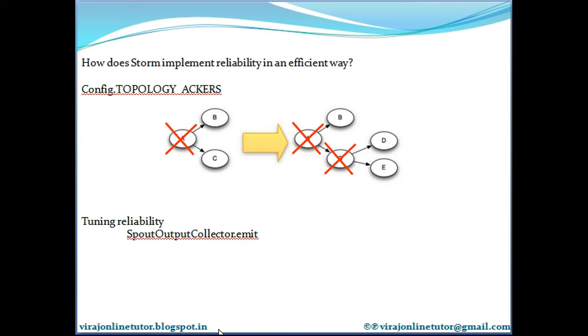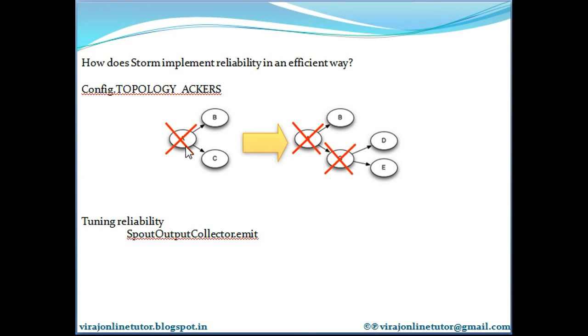So for example, if you just focus on this diagram that I have on my slide here, tuple D and E were created based on tuple C, and here is how the tuple tree changes when C is acknowledged. Okay, C is acknowledged, meaning it has completed processing in this particular tuple tree. So as soon as it is acknowledged, we have marked it with a cross sign here.